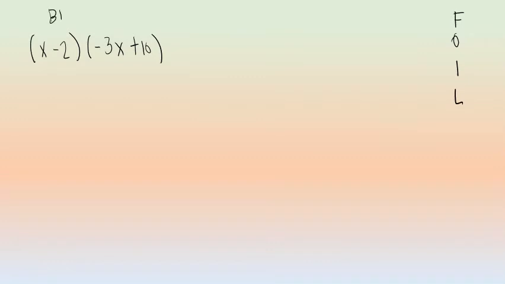So what if naman, class, in this one we have, let's say, x minus 2 multiplied by negative 3x plus 10. Yeah. So we have here again your FOIL. So what are your first terms? We have your binomial 1 here, binomial 2.